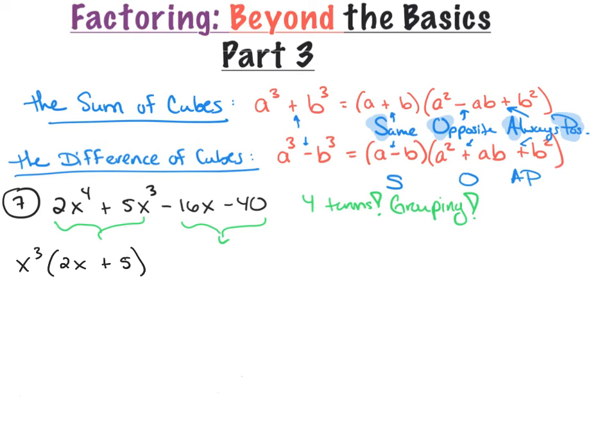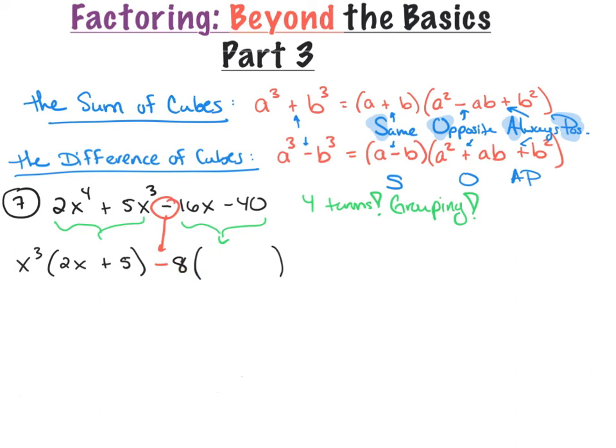And when we factor that out, we're left with a 2x and a plus 5. Very crucial but small step, bring down the sign that connects the first pair to the second pair. So we'll bring down the negative. And that's important because when we look at our 16x and our 40 and look for a common factor, 8 is the common factor there. That negative we just factored out tells us we're not factoring out the number 8, we're factoring out negative 8.